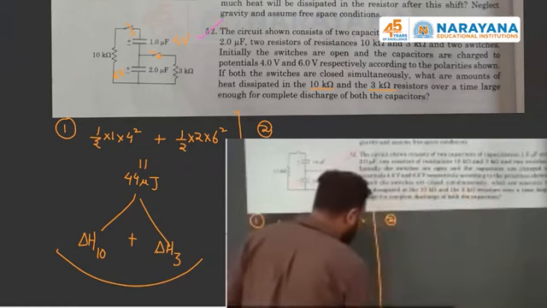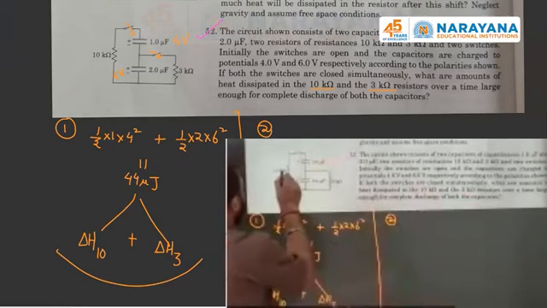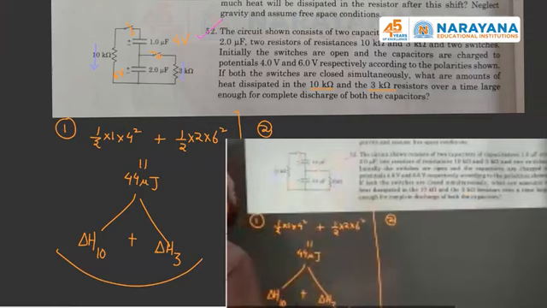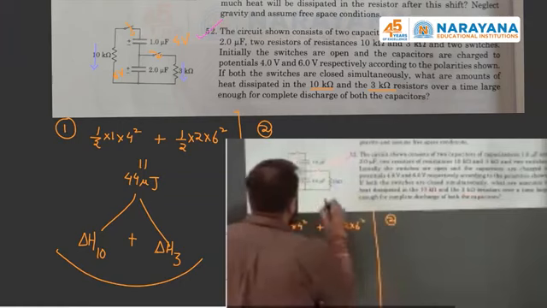Just observe carefully that at t equal to 0, just observe the current in these two resistors. To begin with, he was having a voltage of 6 and resistance is 3 kilo ohm. So 2 milliampere is flowing here.